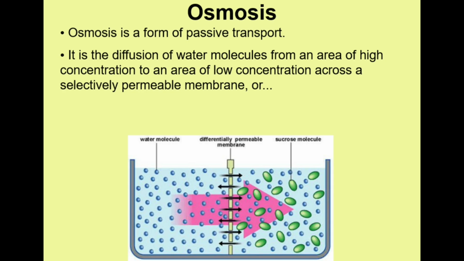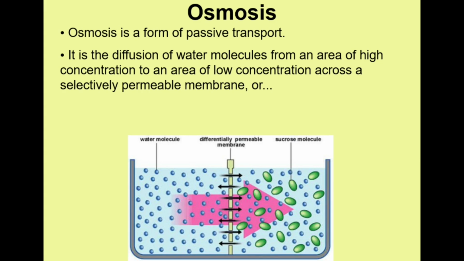So just to simply put it then, osmosis is the diffusion of water molecules. So when we're talking about osmosis, we're specifically talking about water. So it is the diffusion of water molecules from an area of high concentration to an area of low concentration. So so far it's just like diffusion, so the movement from high to low, but we're just dealing with water. But then comes this other bit, so it's the diffusion across a selectively permeable membrane.